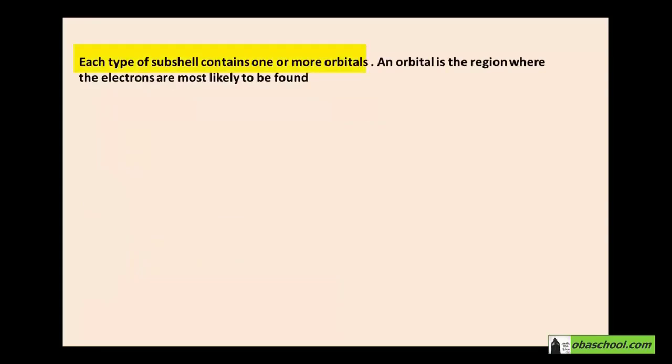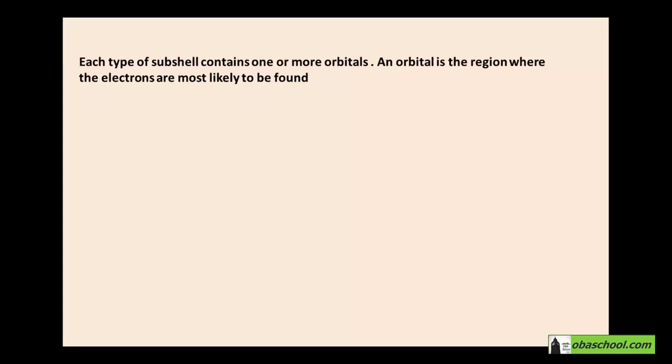Each type of subshell contains one or more orbitals. What's an orbital? An orbital is the region where the electrons are most likely to be found.